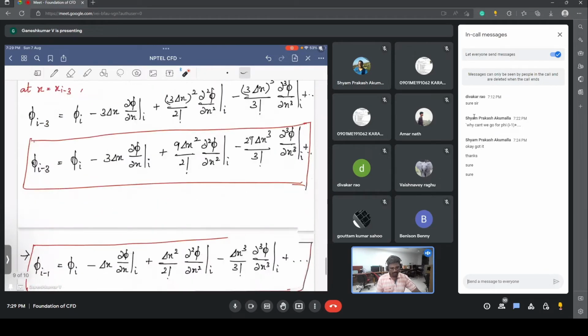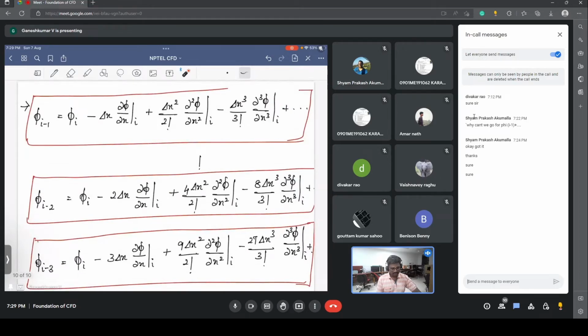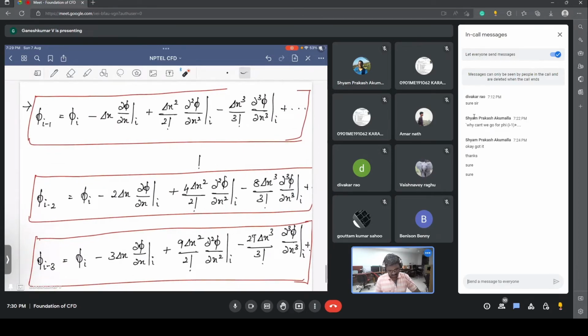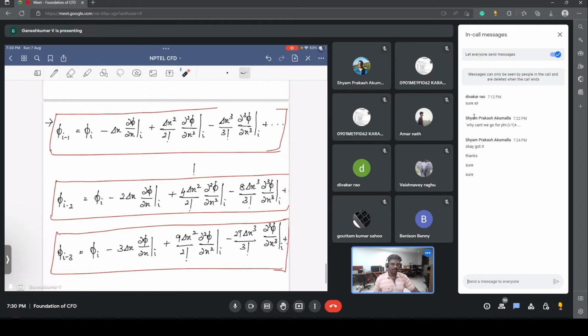But when you want to construct it, how do we know how to make it second order? One more thing here: if it's a second order scheme, the truncation terms, the terms we have here, dot dot dot, are called truncation terms.